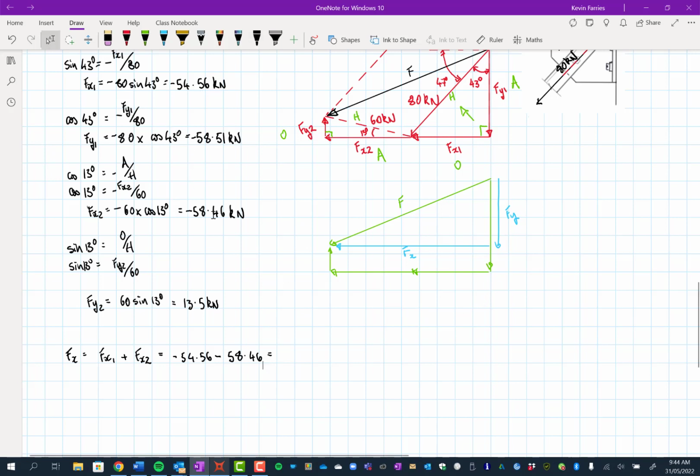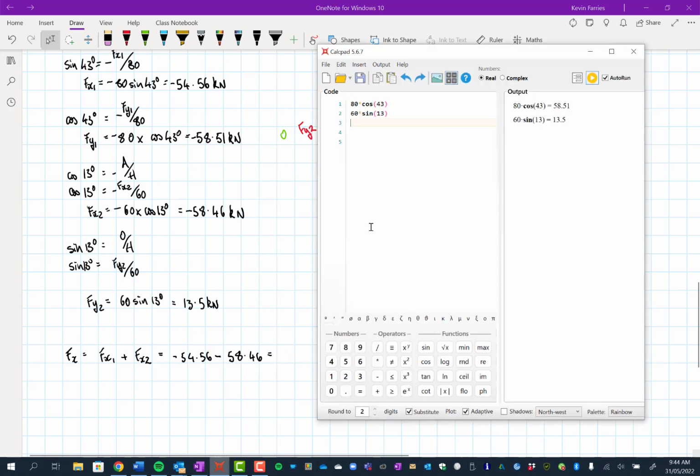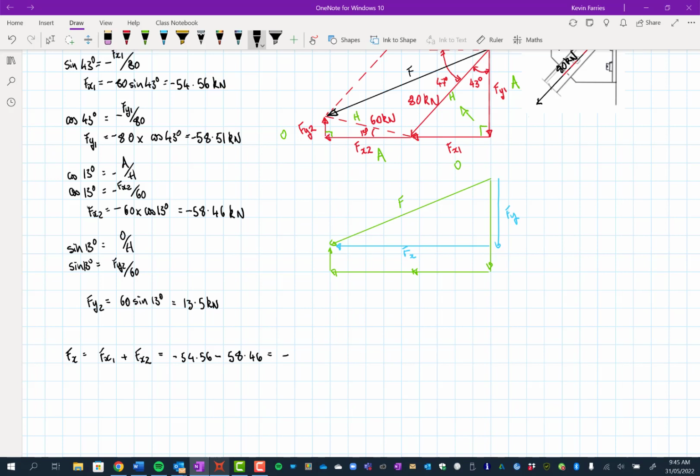So we're taking Fx1, Fx2, both of them are negative, so it's going to be a big negative number. So we're going to do negative 54.56, negative 58.46. Just want to see if this, yep, that's all good. So negative 113.02. We'll just keep four significant figures, so negative 113 kilonewtons.